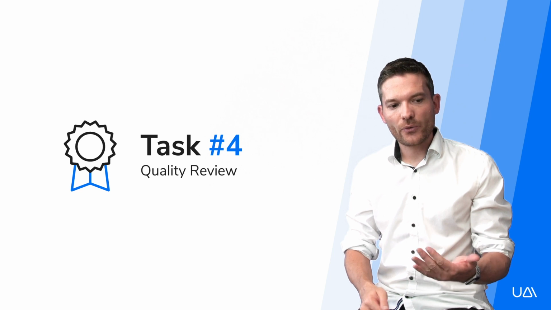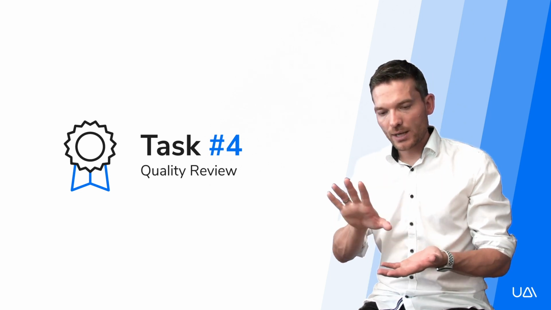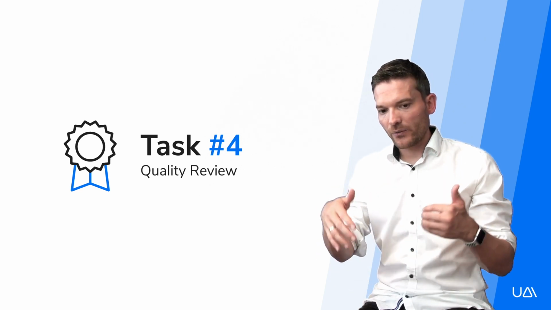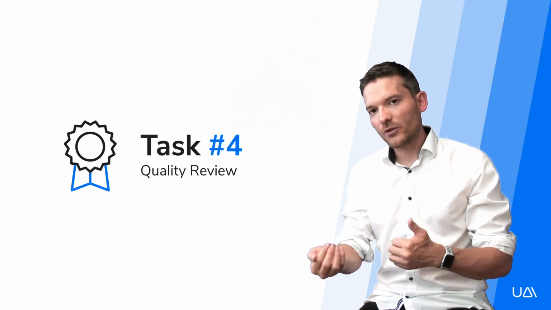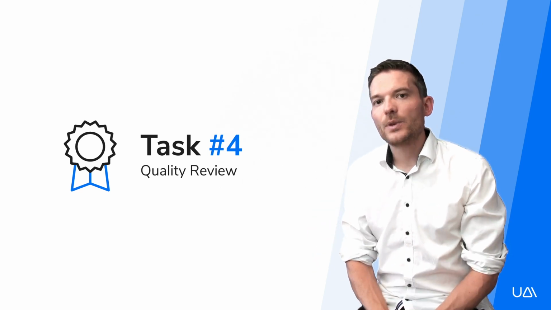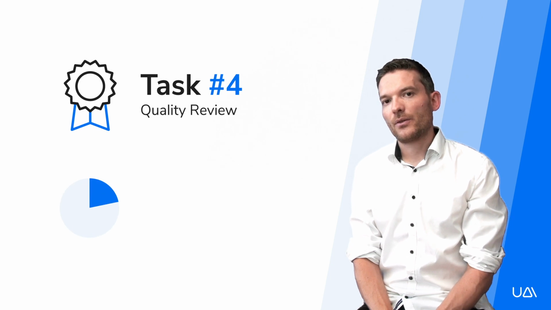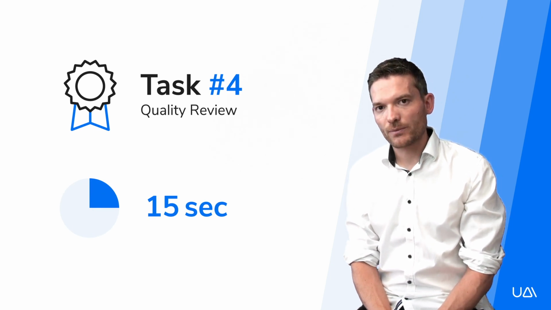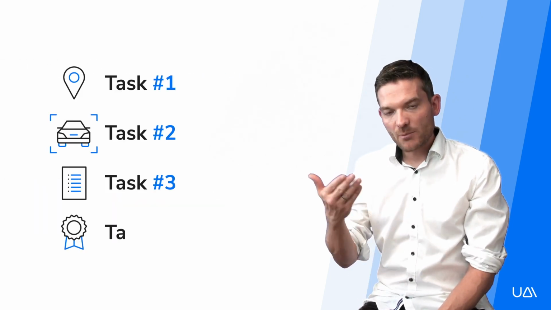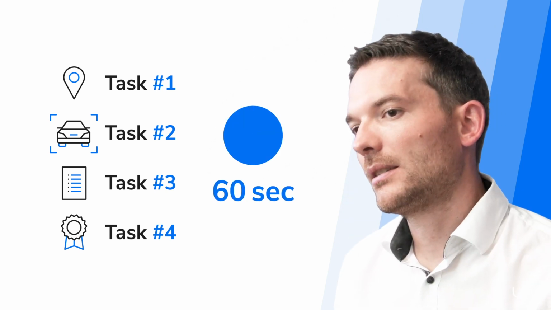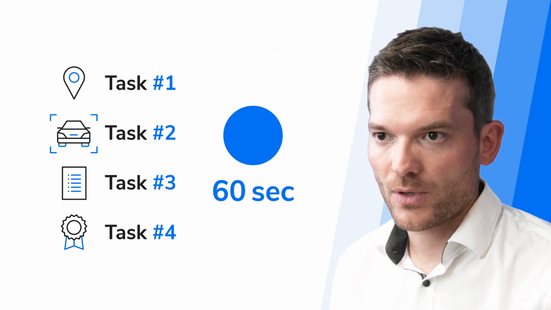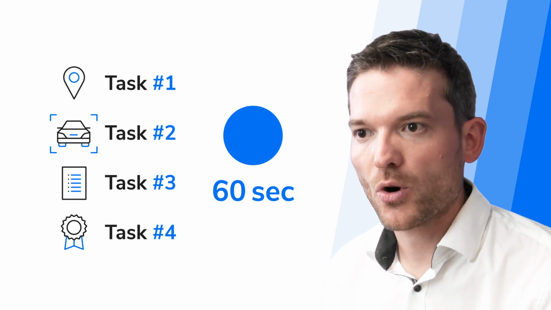That person moves through every annotation, checking if the box is tight enough, if it's the right class, if it has the right attributes, and so on and so forth. We assume that this takes another 15 seconds on average. So if we sum that up, we end up at 60 seconds for a 3D bounding box. This is painfully slow.